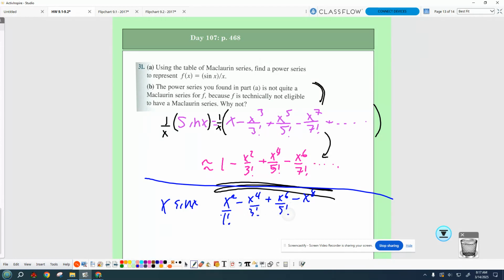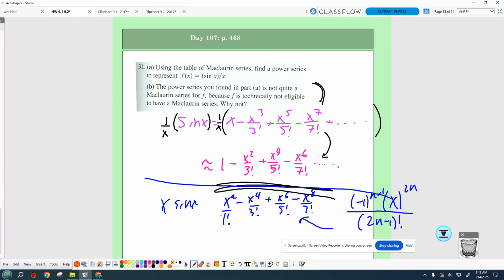And how would you write the n? The negative you want to turn on and off. So, because I want the factorial to be right, I would have my n starting at 1. Is this for the x sin x?